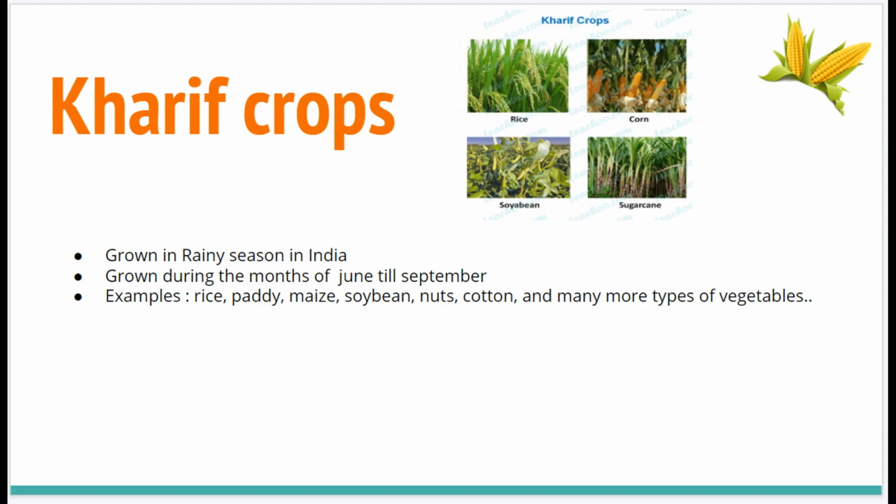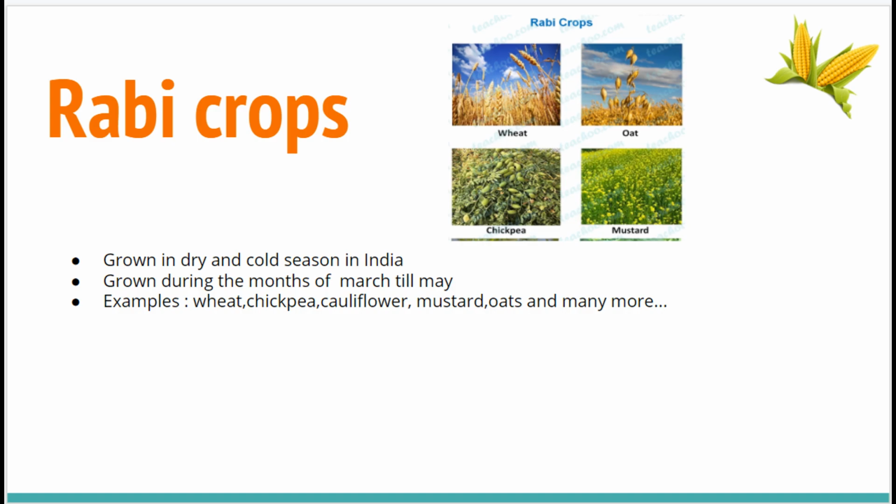The next type of crop is the rabi crop. The rabi crops are grown in the month of October to March. The examples of these crops are wheat, gram, vegetables like sweet peas, cauliflower, then brinjal, then mustard, then linseed, etc. These crops need a lesser amount of water and they are grown in the foggy season.